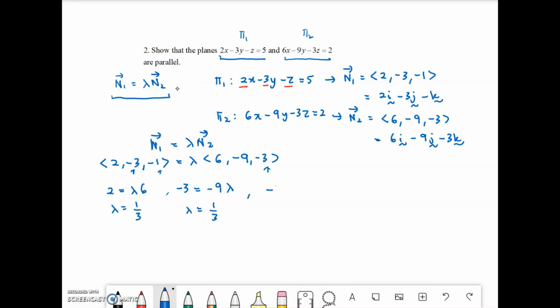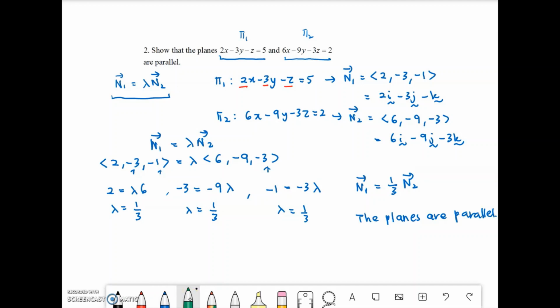Same goes with the last one: minus 1 equals minus 3 lambda, so lambda will be equal to 1/3. So this means that for x, y, and z, for i, j, k, lambda is equal to 1/3. So n1 equals 1/3 of n2. So this means that the planes are parallel.